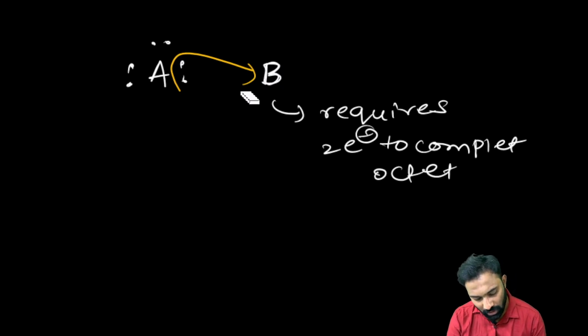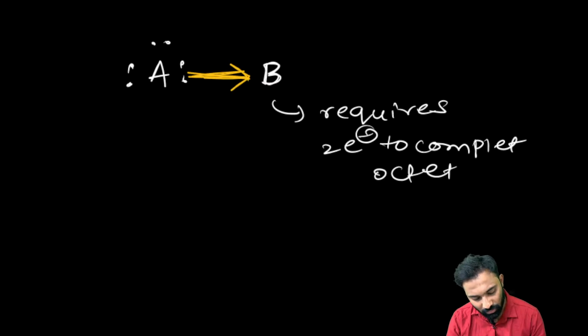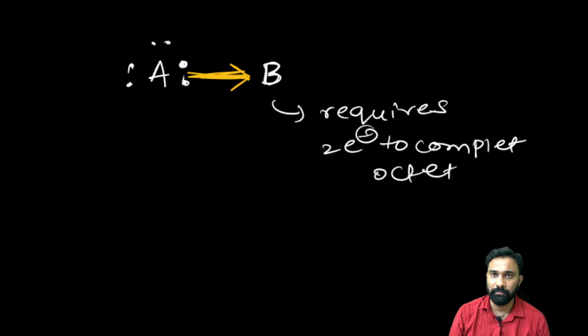So, to not lose the octet of A and to make the B octet also complete, we have introduced one special type of bond called a coordinate covalent bond, and these electrons of A will be given to B in the form of this special bond. It indicates that these electrons are between A as well as B. This A lone pair is now not present on A alone. It is shared between A and B.